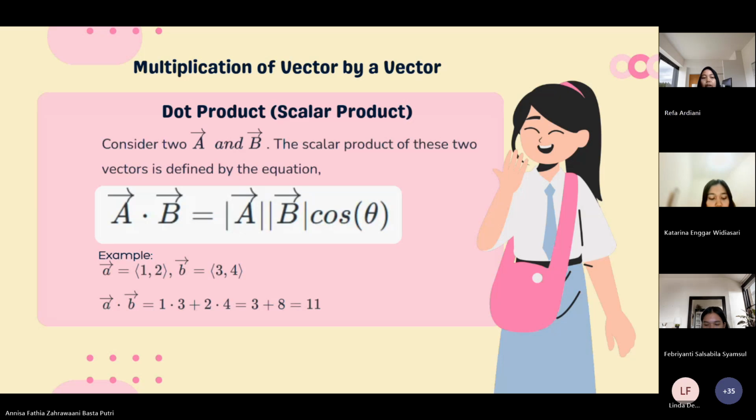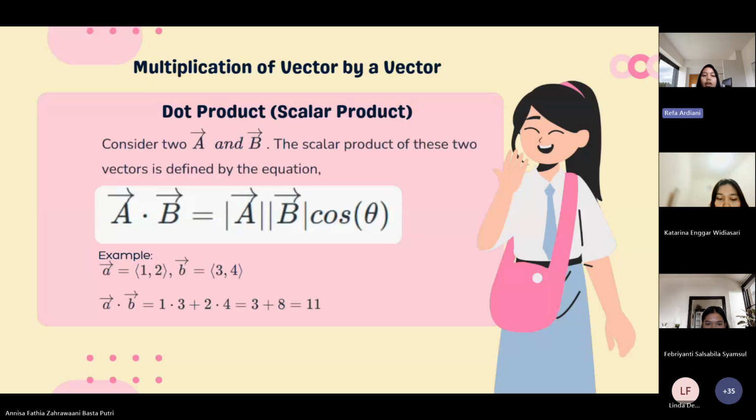And then we can use the second formula: A dot B equals x1 times x2 plus y1 times y2. For the example, vector A equals (1, 2) and vector B equals (3, 4).